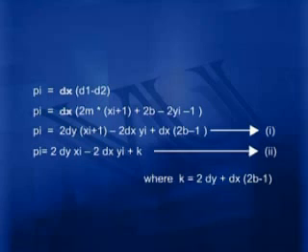So d1 اور d2 کی وہ values ہم یہاں replace کرتے ہیں, and what we get is pi equal to dx of 2m times xi plus 1 plus 2b minus 2yi minus 1. And as we solve it, we get pi equal to 2 dy of xi plus 1 minus 2dxyi plus dx 2b minus 1. Here we mark this as equation 1.